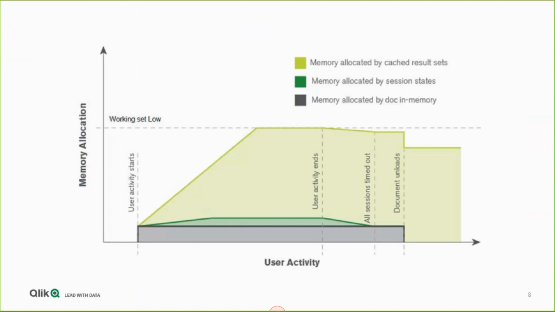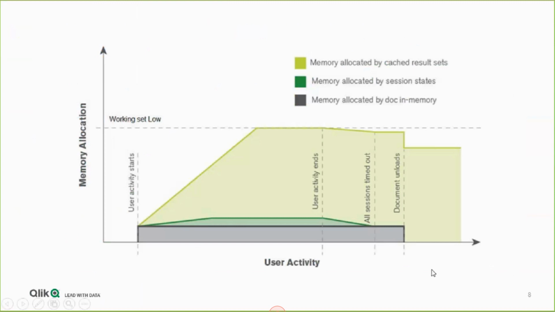And QlikView will try to use all of that. And that's what trips a lot of people up: they see this memory usage growing and growing and staying level at that min memory usage line and think maybe there's a data leak or something like that, but no, we do that on purpose because we want to save all of this cached information.